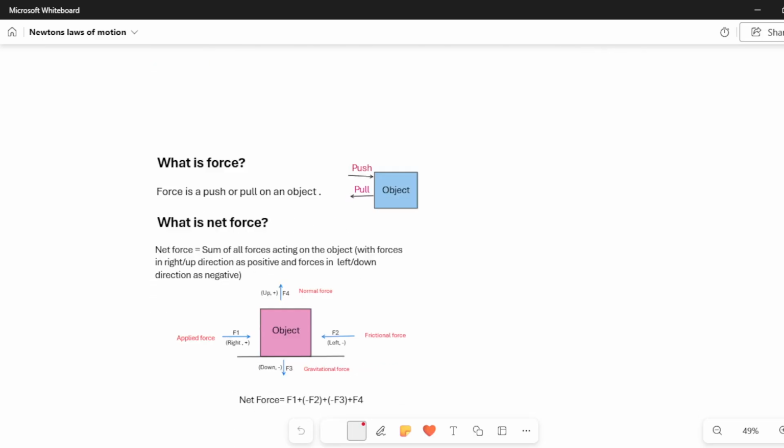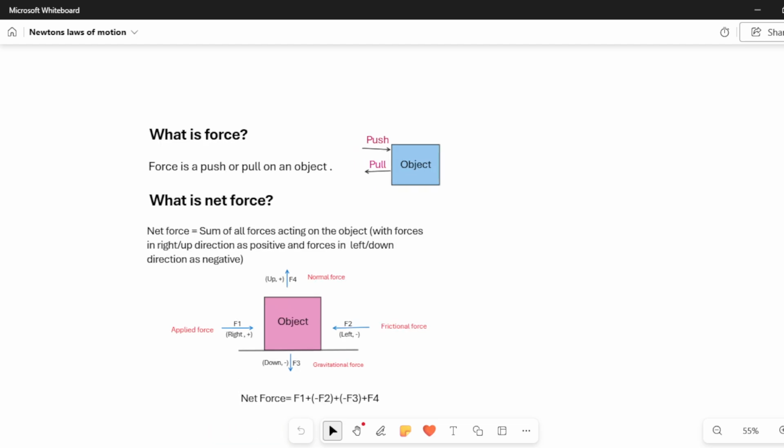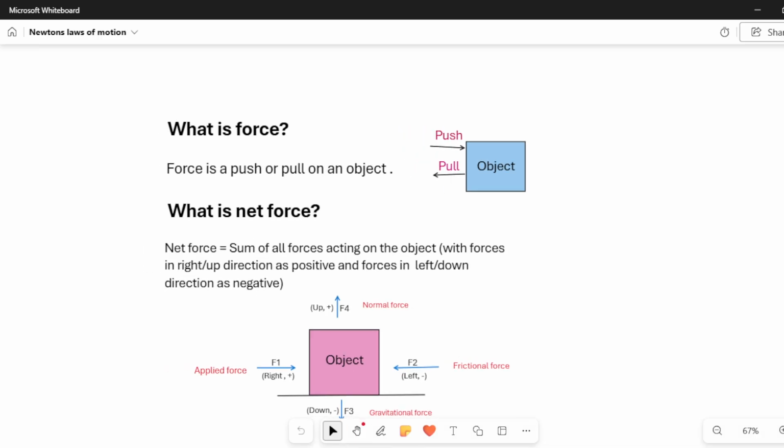We will move on to the next concept and try to understand what is force. Force is nothing but any push or pull on an object. If I have an object, and there is some push, or we are pulling the object, or we are pushing, that thing is called force.